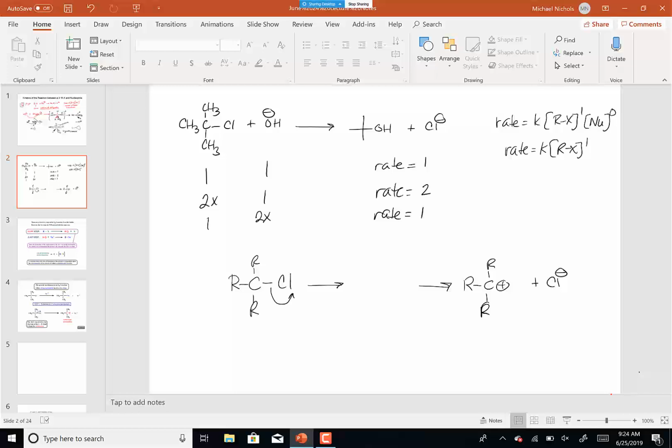It's sharing 6. It owns 3. It came with 4, plus 1 formal charge. And this is what's called a carbocation. It's also sometimes called a carbonium ion, although I prefer strictly carbocation.